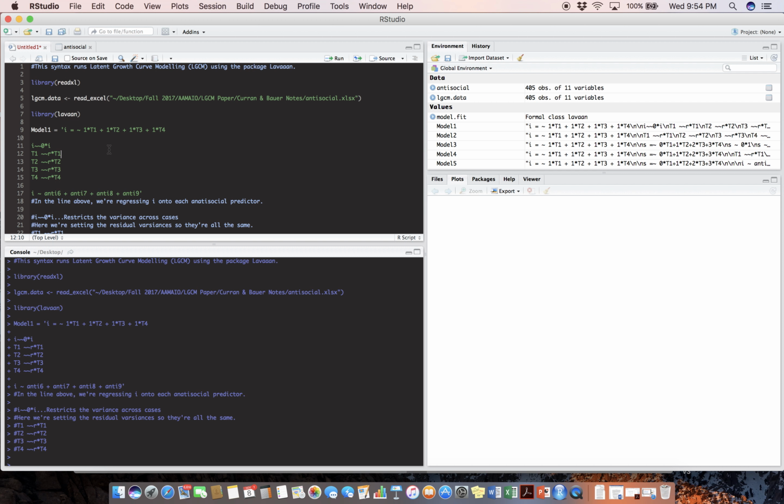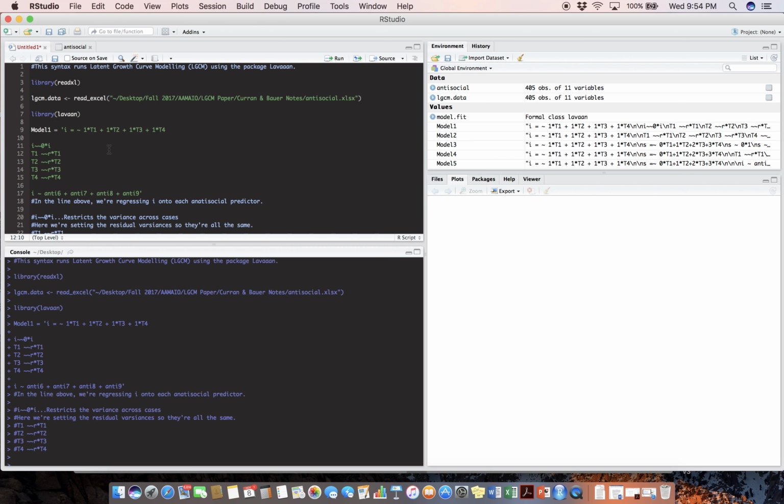So the change that we're seeing within people, is that change significantly different than no change at all? And because we don't have a slope, we essentially have a flat line with a restricted intercept. So basically what we're saying is that an average score, or an average level of antisocial behavior is best for all time points. So in other words, we have a flat line.